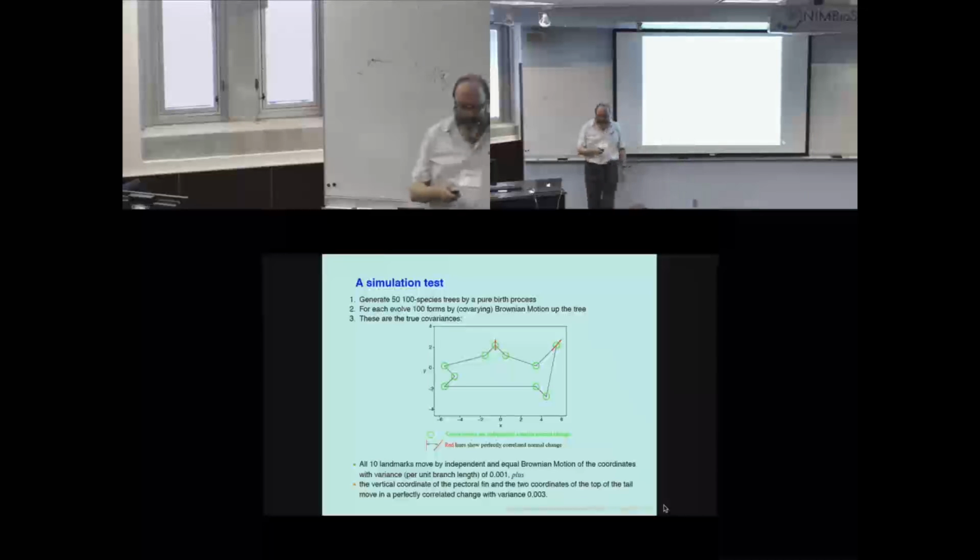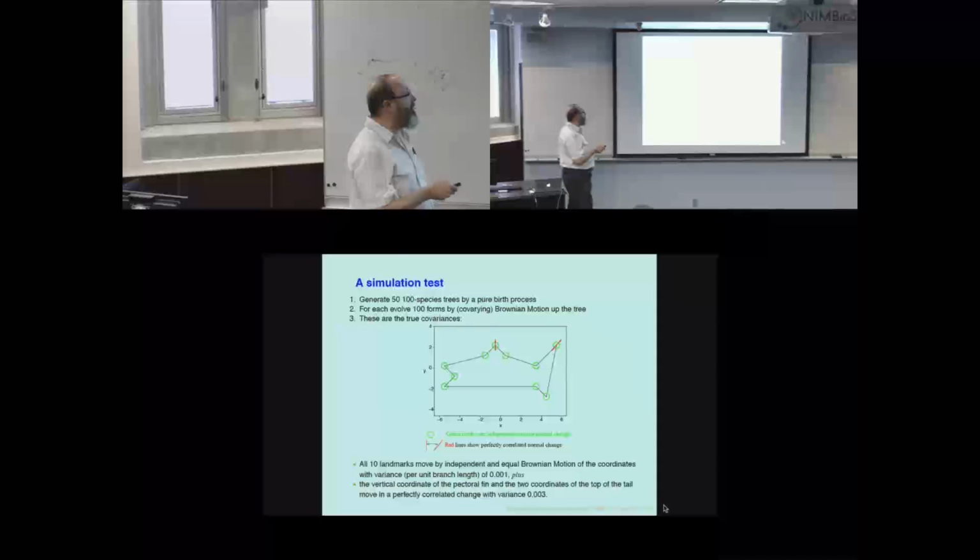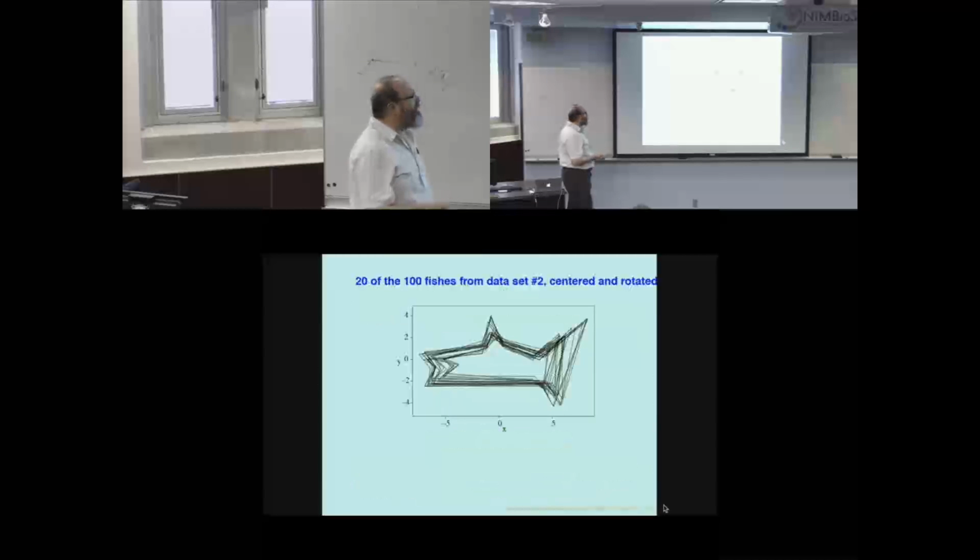Now let's see what happens when we do everything. We're going to assume a certain variance per unit branch length in the green stuff and a certain variance per unit branch length in the red position, going up and down. Here we have a tree of 100 tips.